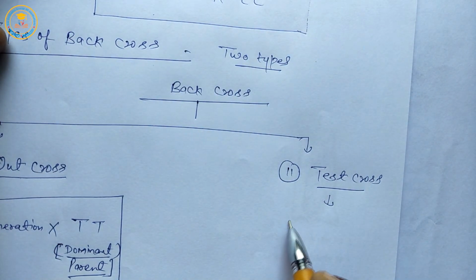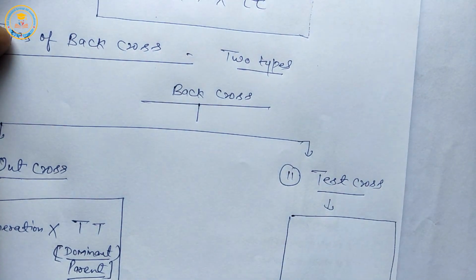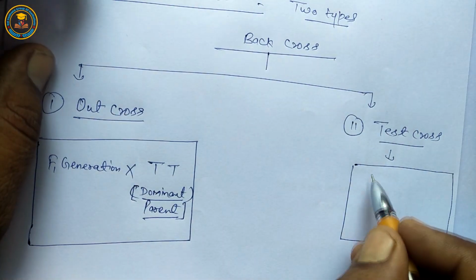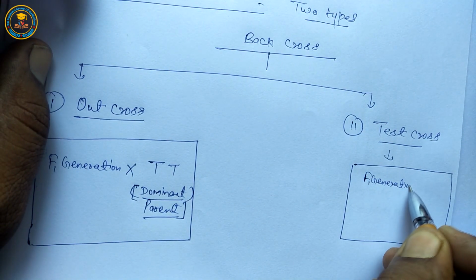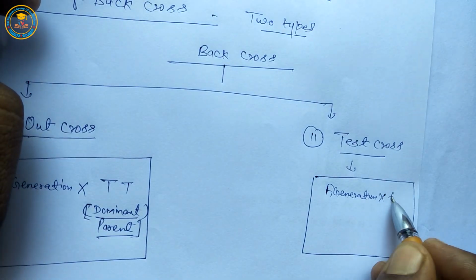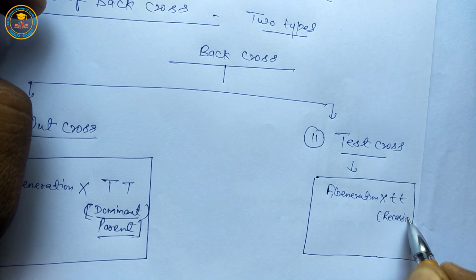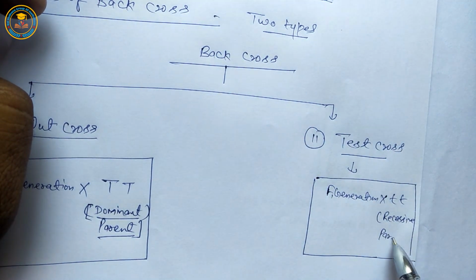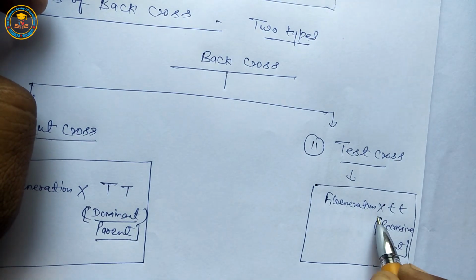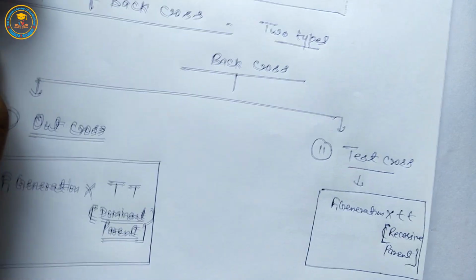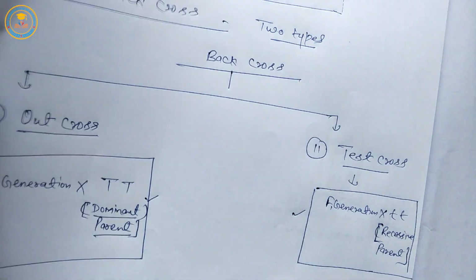Next, the linear figure or flow chart of test cross is: F1 generation crossed with recessive parent. It means recessive homozygous. So this is the linear figure of test cross and this is the linear figure of outcross.